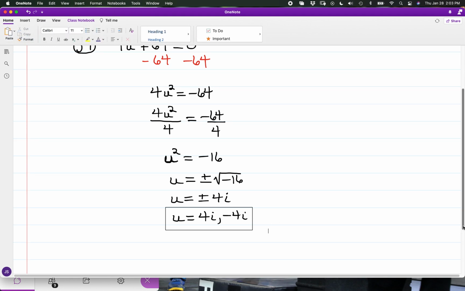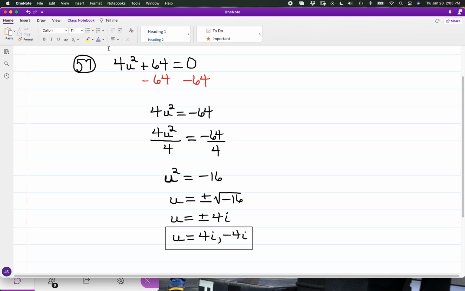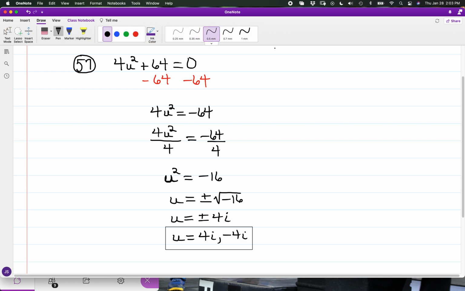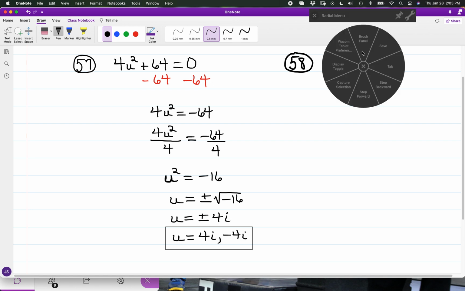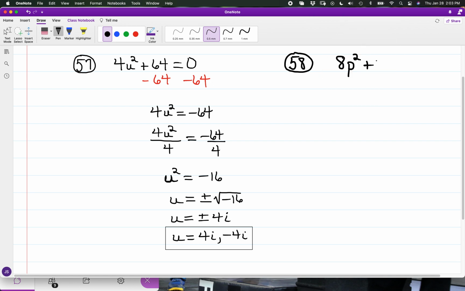Now for the next item, number 58. Now the nature of the problem is very much the same. This time we're going from the letter u to the letter p. Once again, we're going to have just a single term in the variable we're solving for. This time we have 8p squared plus 72 equals 0. And getting the p squared term by itself, I can undo the addition by 72 upon subtracting.